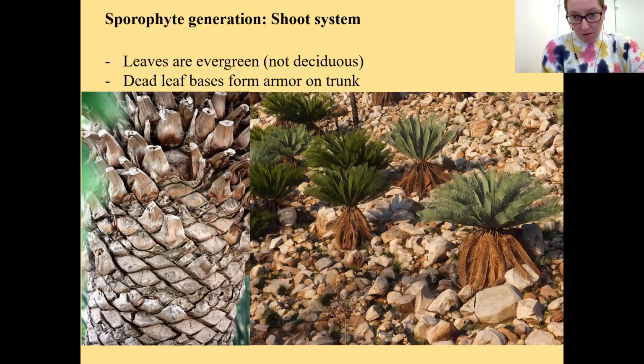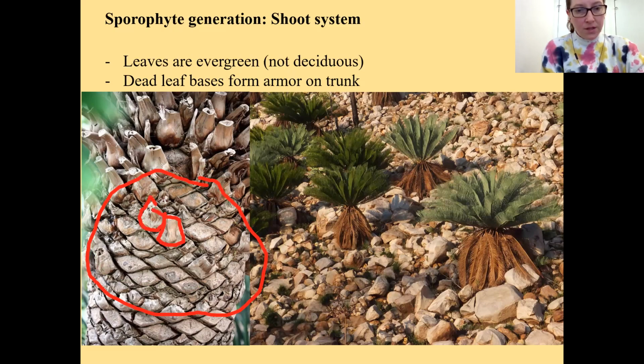Eventually, they will fall off on their own. When they do fall off on their own, they leave these really cool, almost dinosaur skin looking patterns on the trunk. So here's a close-up of a trunk. Each of these things that you see was originally where a leaf occurred.